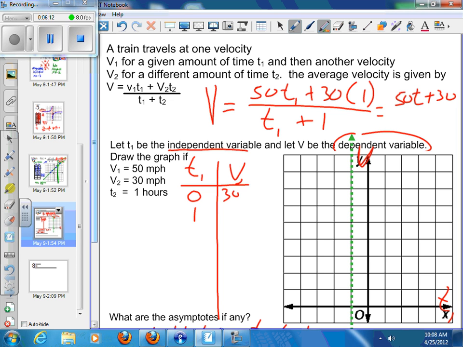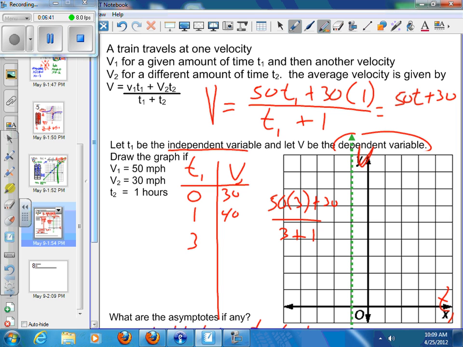If I put in a 1, that's going to be 50 times 1 plus 30 over 1 plus 1, which is 2. So that's going to be 80 over 2, so that's going to be a 40. If I put in a 3, I'm going to have 50 times 3 plus 30 all over 3 plus 1.